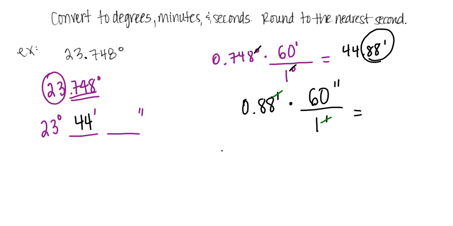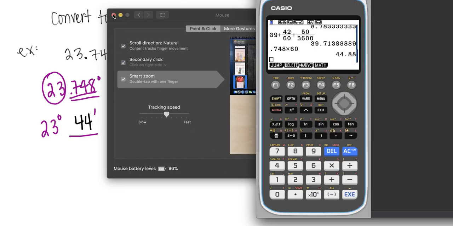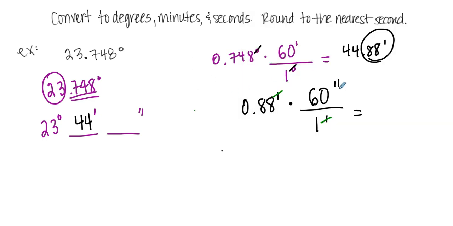So in my calculator, I'm going to subtract the 44 because I've already used it, and I'm going to multiply 0.88 by 60, and that gives me 52.8 seconds.